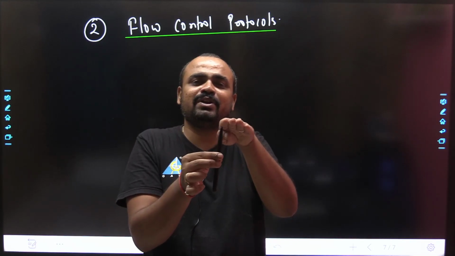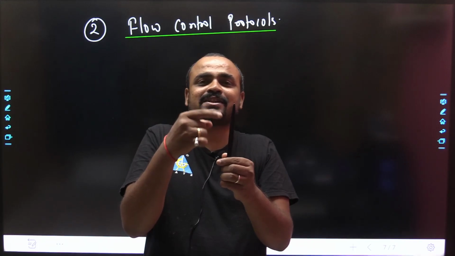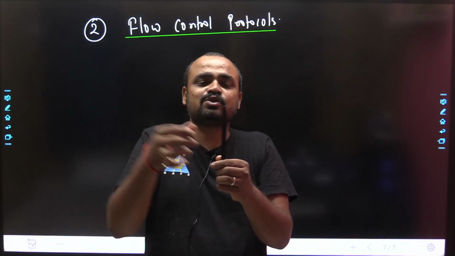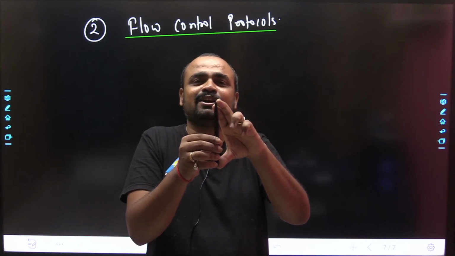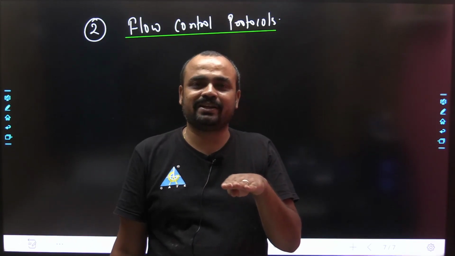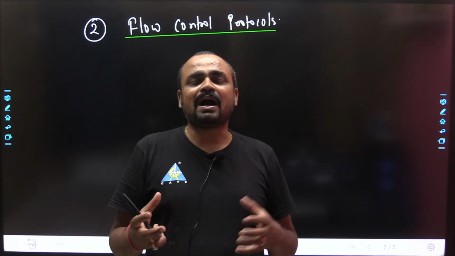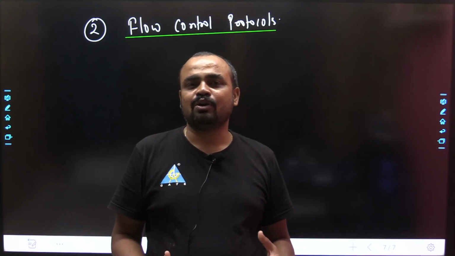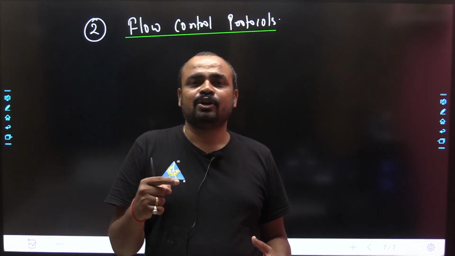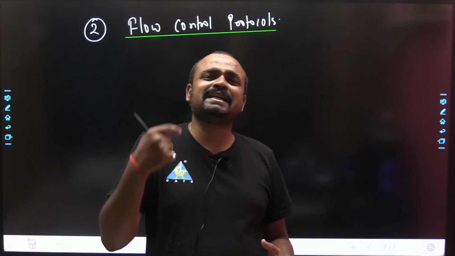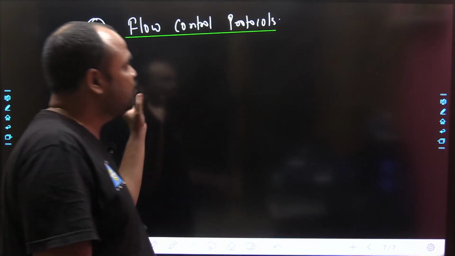Once the frame comes to the wired medium, it becomes a signal, and a signal always travels with the velocity of light. So once the frame is dropped inside the medium, how much time will this frame take to be delivered at the receiving point? So analyzing the time is part of the flow control protocol. What is the total time the sender will take to deliver a particular frame to the destination, or you can say to the receiver? Those are the parts involved inside the flow control protocol.